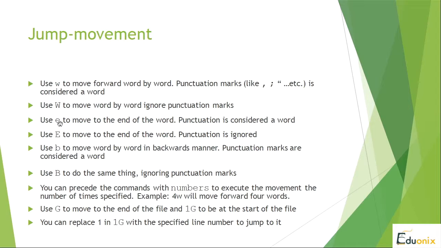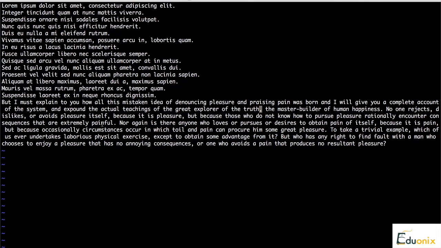We can also move using the e command. The e command moves to the end of the word instead of moving to the start of it. If you are here and you want to move to the end of the word, as you can see, I'm moving here with the w, but now I'm moving with the e.